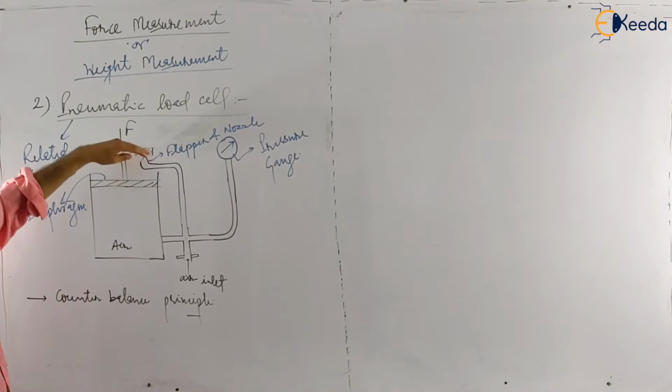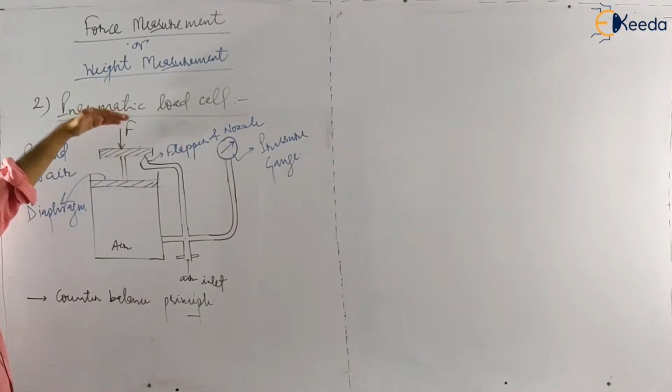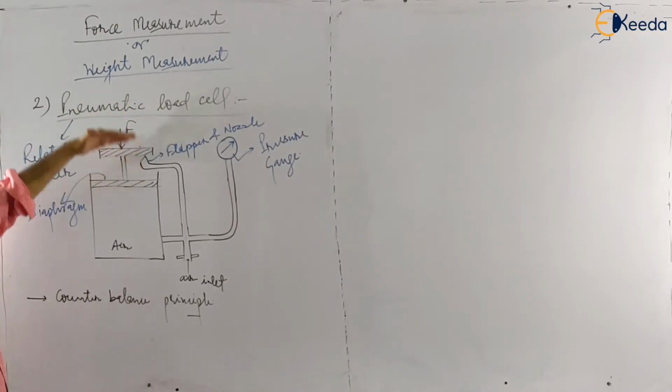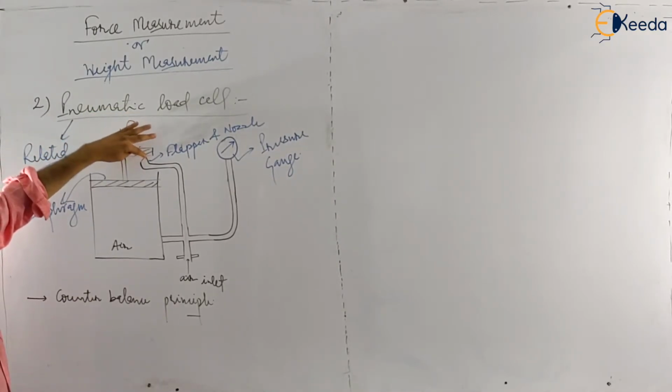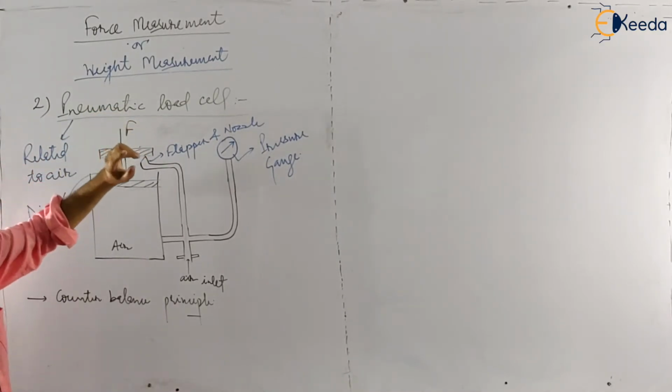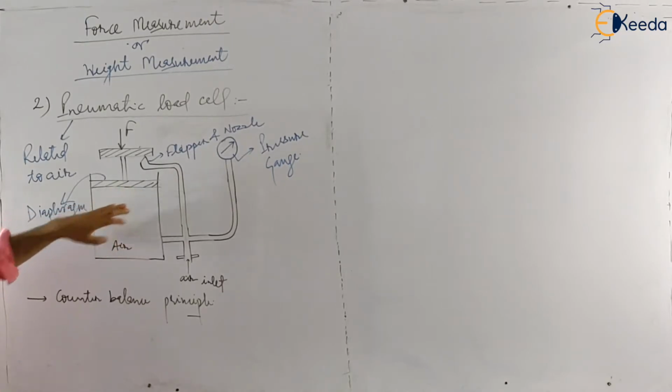When you apply force, this flapper goes downward, and it blocks the opening of the nozzle, right?